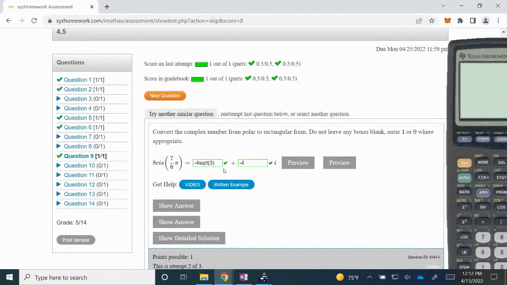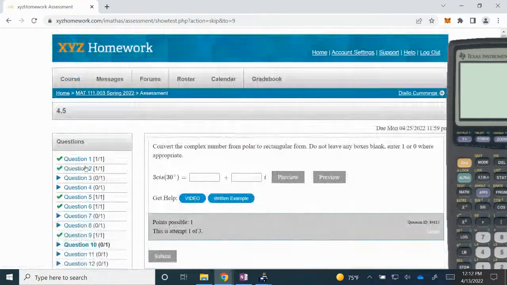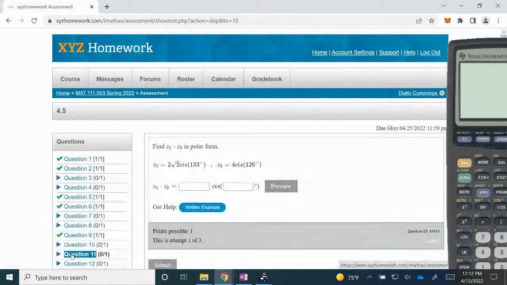So that's negative 4 square root of 3 minus 4i. Let's see.